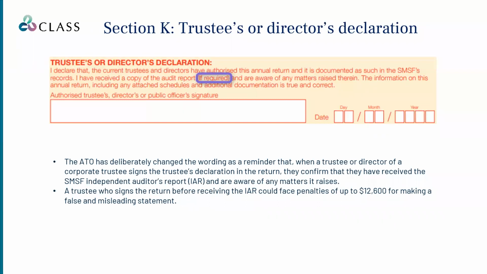This is to remind trustees or directors of corporate trustees that when they sign the trustee declaration on the return, they are confirming they have received the self-managed super fund independent audit report and are aware of any matters it raises. If the trustee signs this before receiving the audit report, there are potential penalties of up to $12,600 for false and misleading statements.